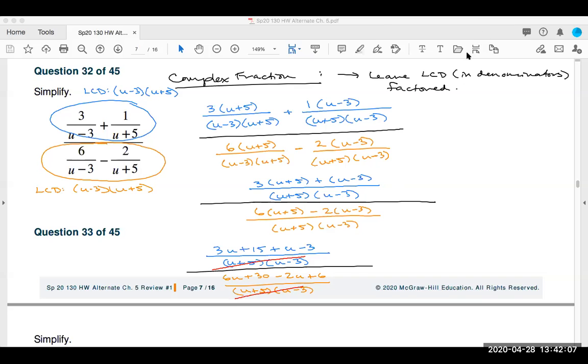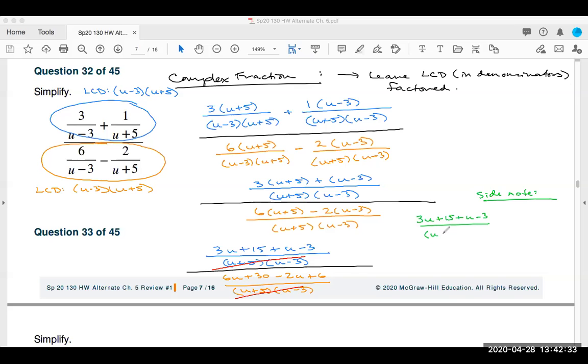Let me put a little side note here. The reason I have this stuff up here, which we could actually go ahead and combine, but I'm just going to wait on it so I don't have to keep writing out the denominators.